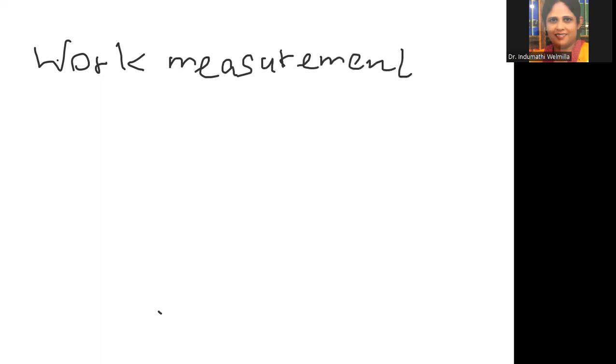How can we define or explain it? Work measurement determines the work content in a task in terms of time.